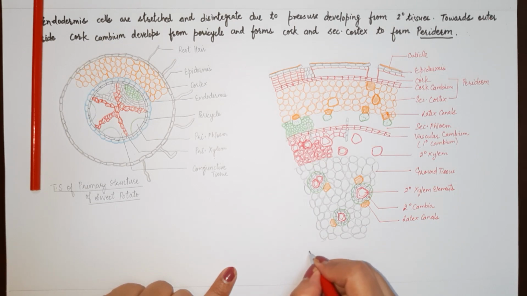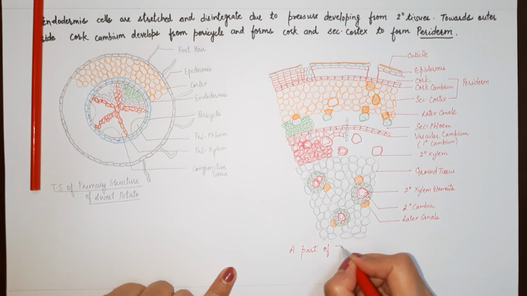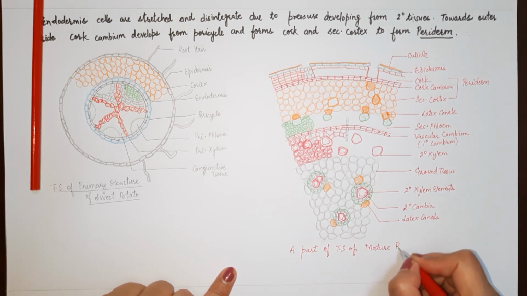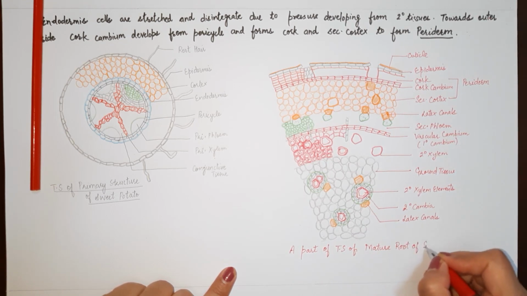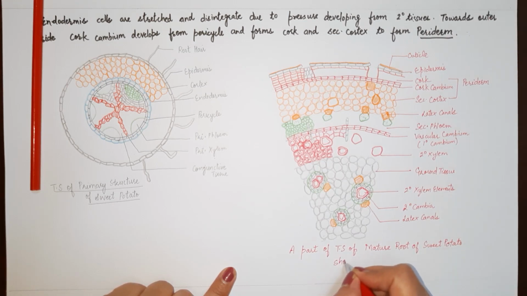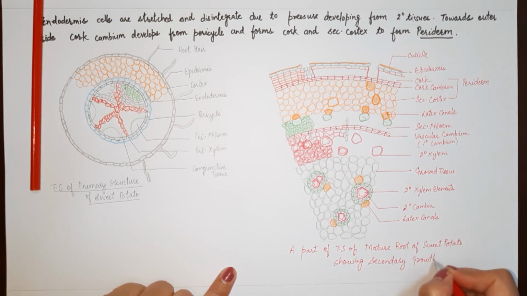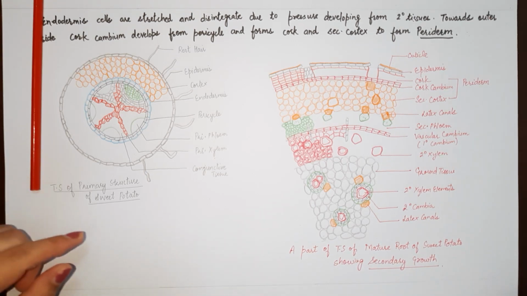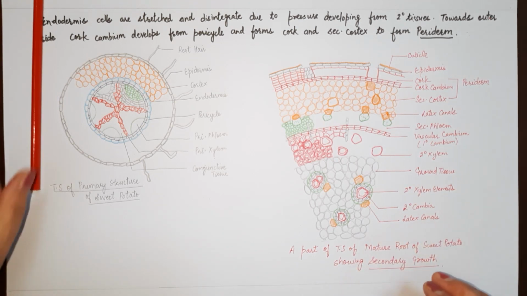So this is a part of, it's not complete TS. So a part of TS of mature root of sweet potato, showing secondary growth. Okay, the diagram in your book is not correct, so you need to follow this diagram.